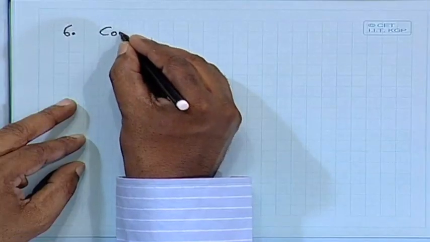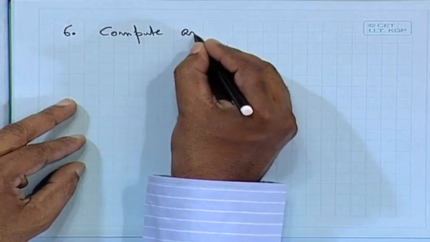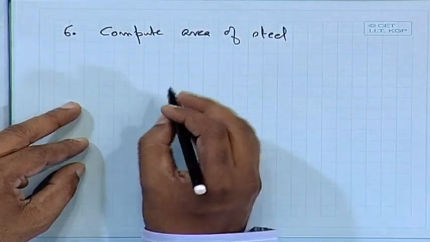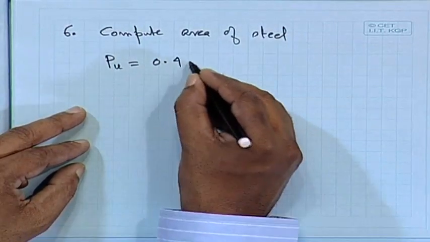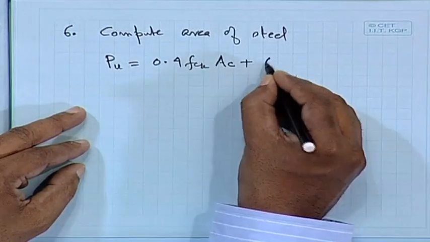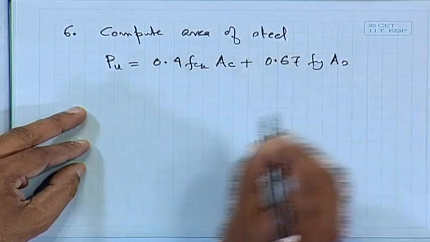Compute area of steel. So, Pu as per the code, Pu equal to 0.4 fck Ac plus 0.67 fy As.